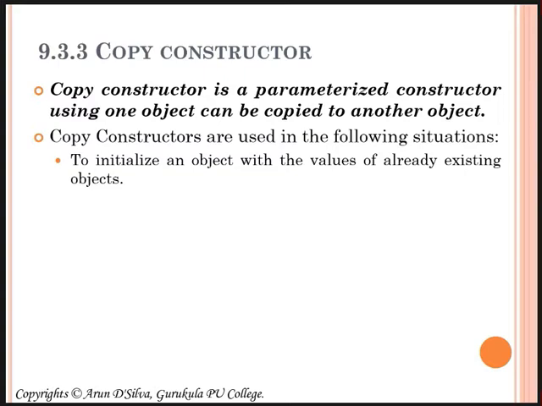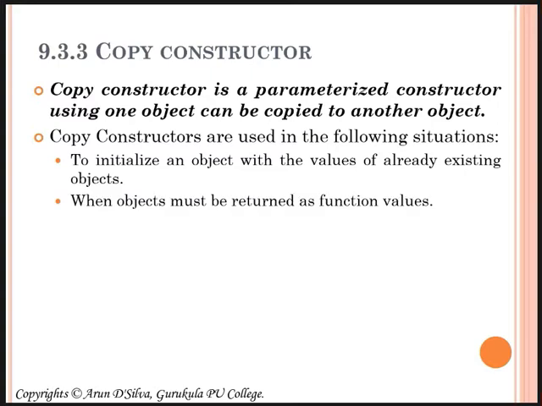As you know, when a few objects are created, the compiler invokes another constructor like the default or parameterized constructor. Now when you are creating a new one and you want a copy of the existing one itself, at that time we can make use of this copy constructor.